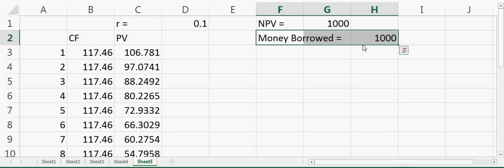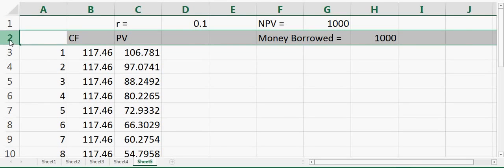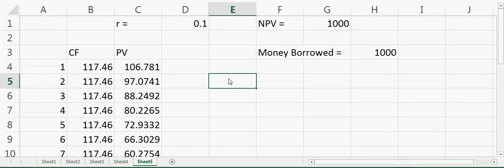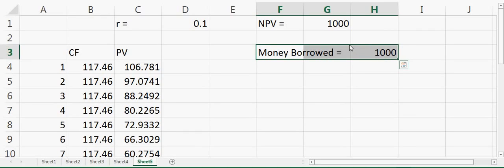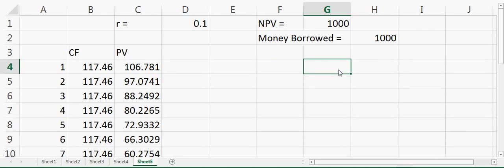Let me insert a row here. Now suppose the person wants more detail on the payment he's making. He wants to know that whenever he makes a payment, how much he is paying for interest and how much he is paying for the principal. So how can we calculate it?